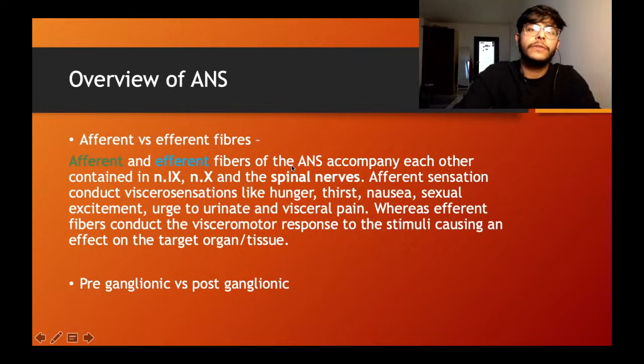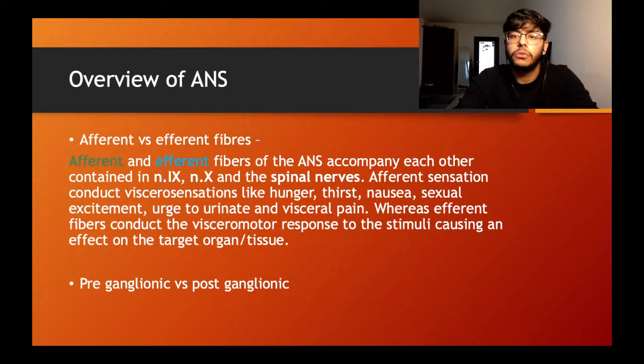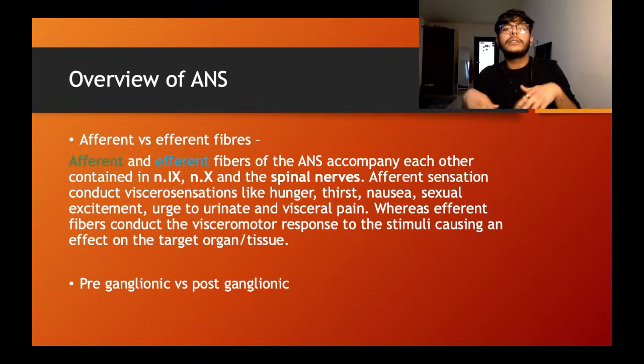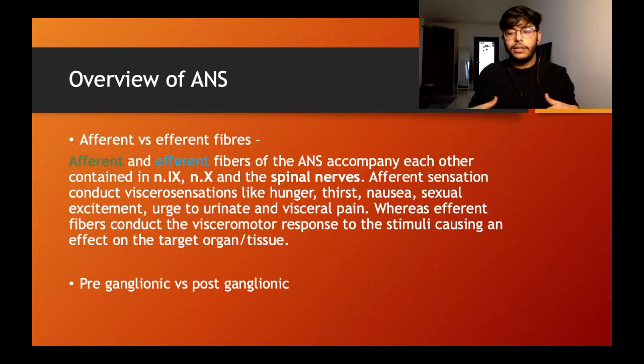Now, most of the ANS nerves have both afferentation and efferentation. So afferent sensation conducts, basically in the ANS, all the visceral sensations: if I feel nausea, if I feel a stomachache, if I feel a spot in my lower abdomen that is paining extremely hard, or I haven't gone to the toilet in a while and I really need to urinate.